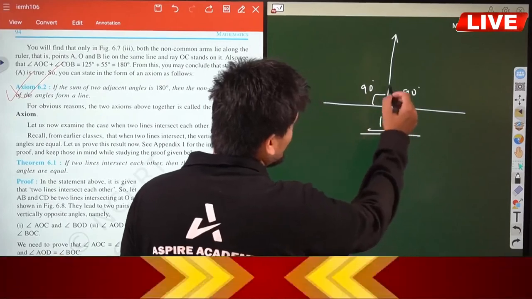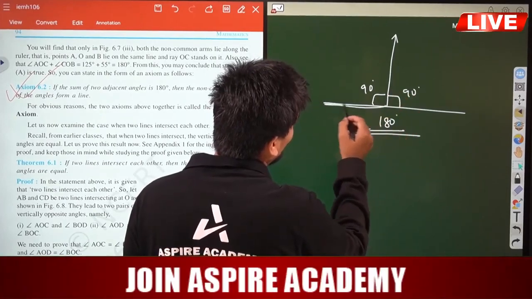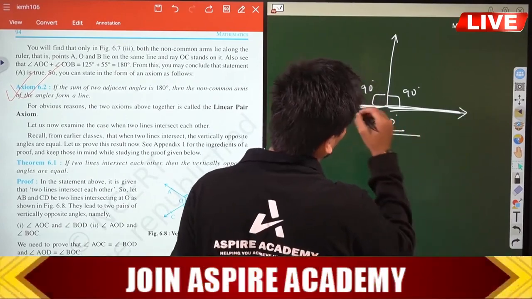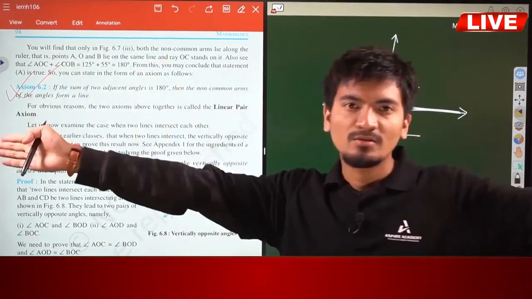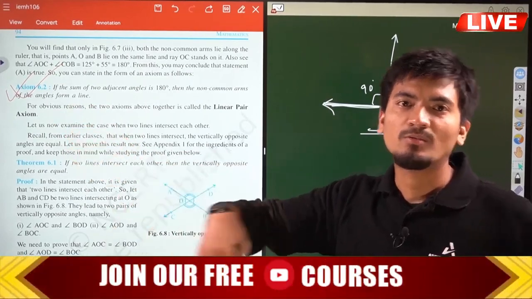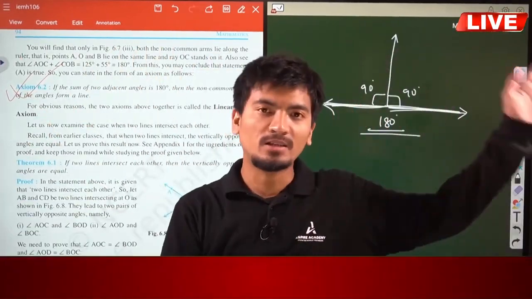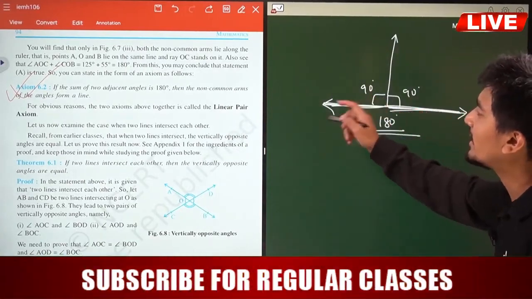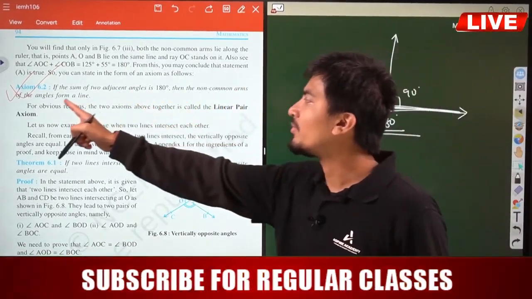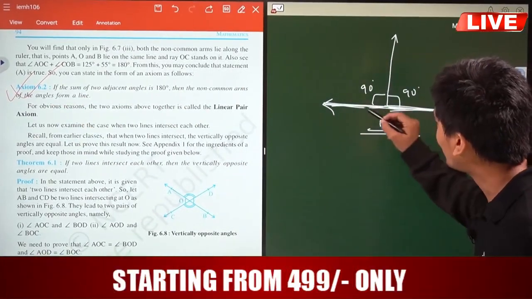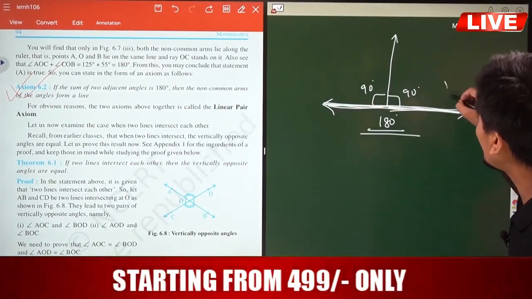Since this one and this one are non-common arms, they are facing opposite to each other. One is facing this side and another is facing this side. So the non-common arms form a line.